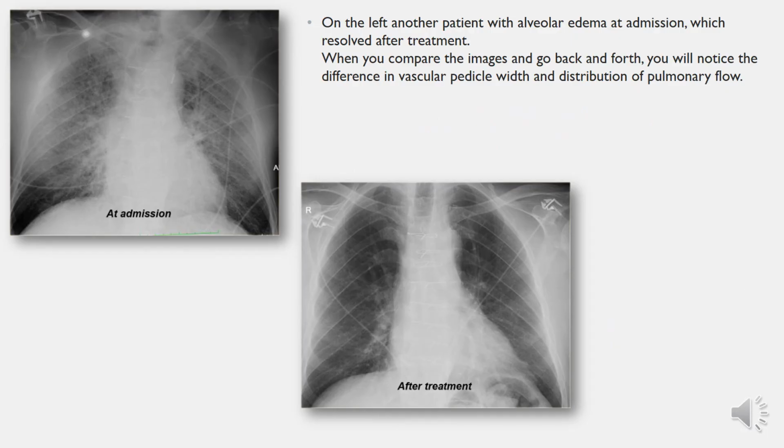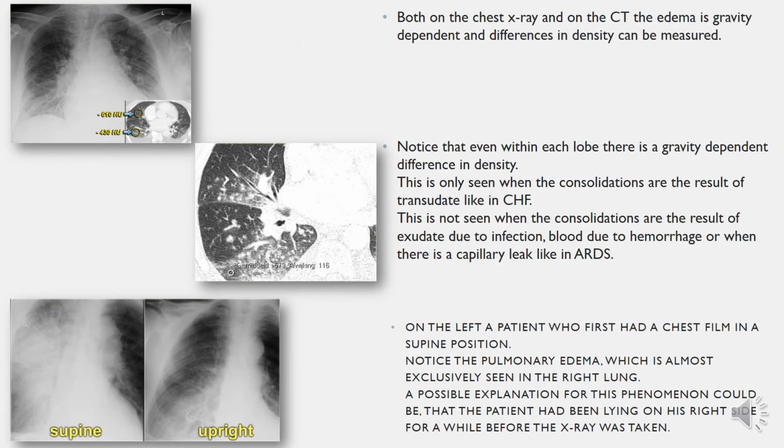On the left, another patient with alveolar edema at admission, which resolved after treatment. When you compare the images and go back and forth, you will notice the difference in vascular pedicle width and the distribution of pulmonary flow. Regarding the first image, both on the chest X-ray and on the CT, the edema is gravity dependent and the differences in density can be measured.